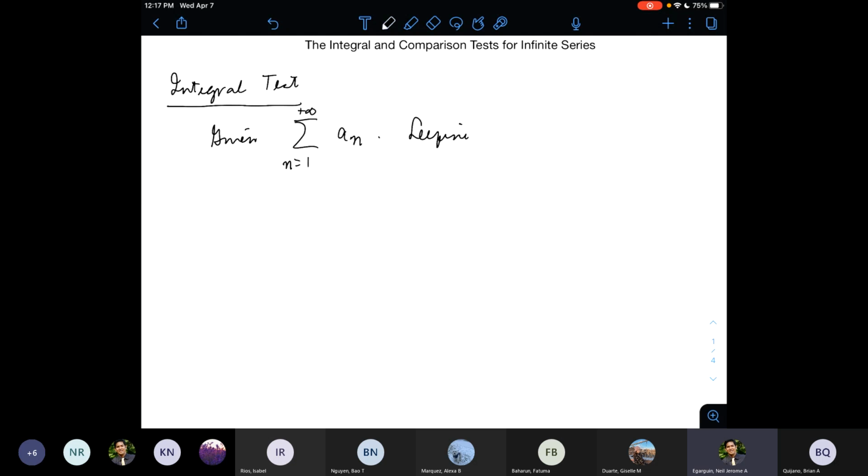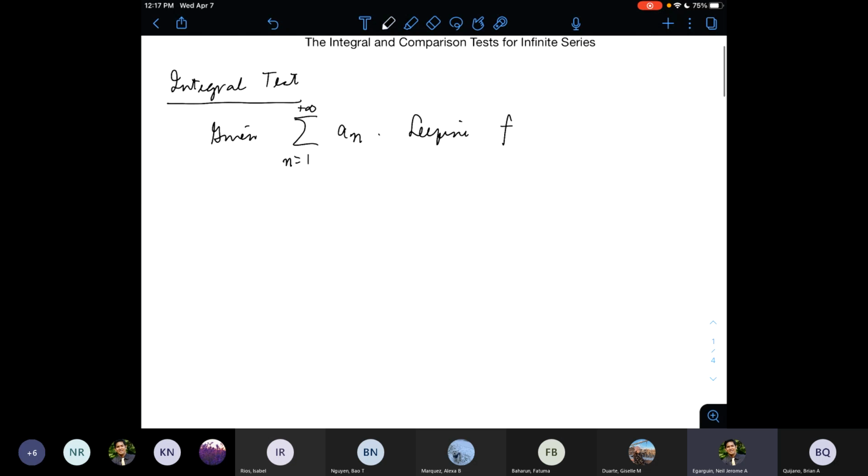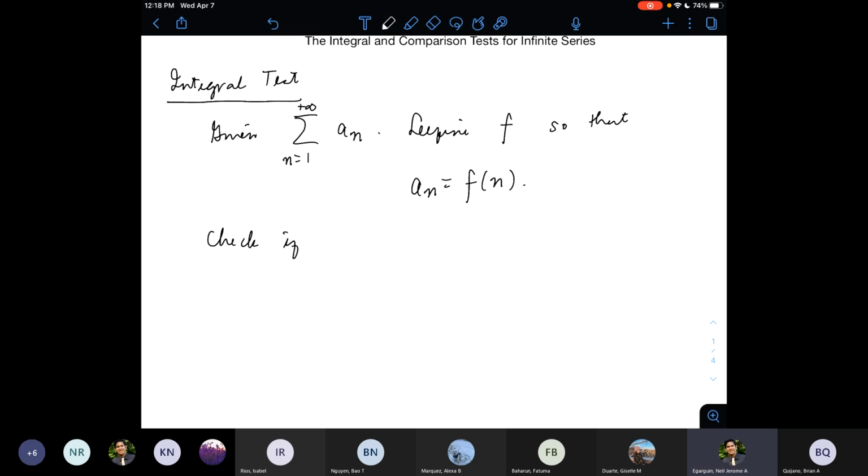First thing to do is to define f, the real valued counterpart of a_n, so that a_n is equal to f(n). So basically, we'll just extend the sequence a_n to its real valued counterpart f. Then check if f is positive and decreasing.